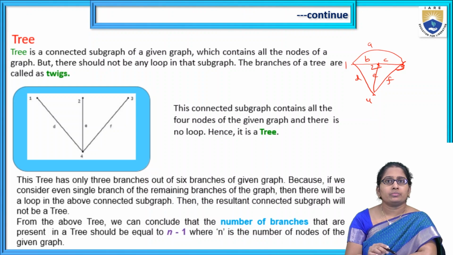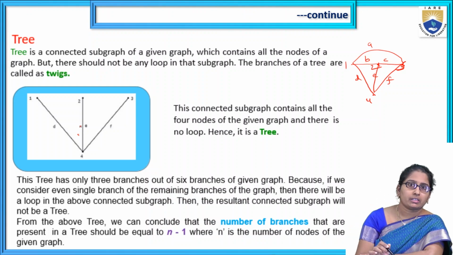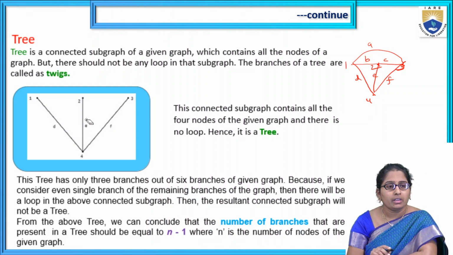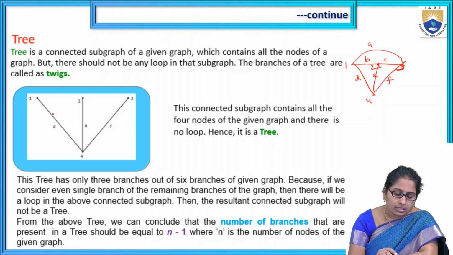What is meant by tree? It is a connected subgraph which contains all the nodes of the original graph without closed path. Here this is one of the trees. Yes or no? 1, 2, 3, 4, all the nodes are there without closed path. There is no closed path here, so this is one of the trees.